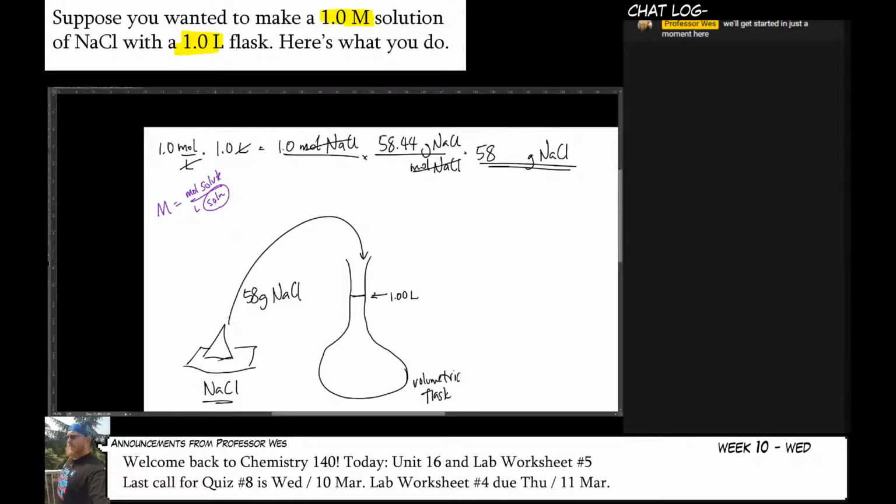So we need to consider the order in which we do these steps. So here is how we're going to make our solution. Once we've done the calculation, step 1, we're going to add the mass of NaCl, which in this case is 58 grams, to the flask, which is 1.0 liters in this case.